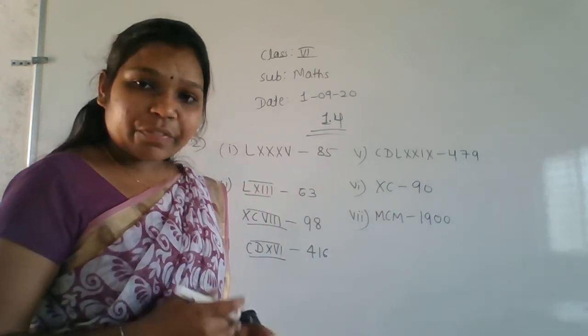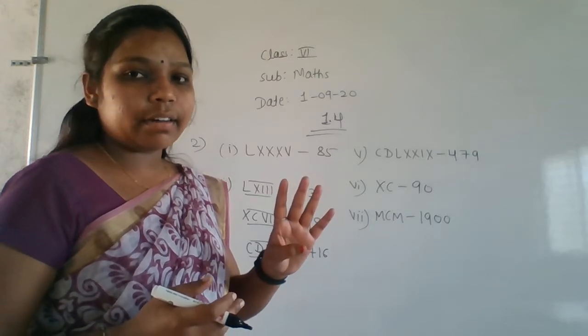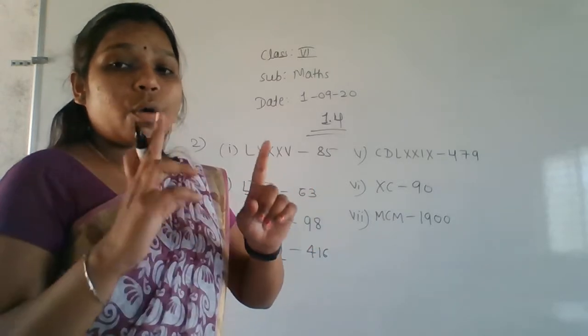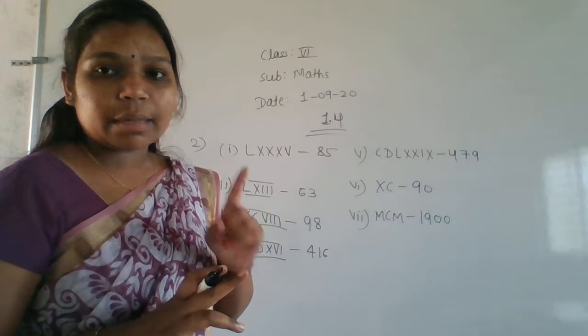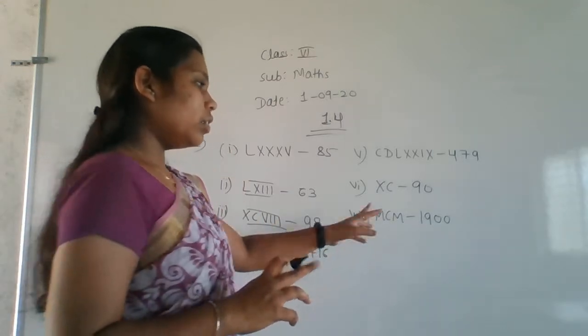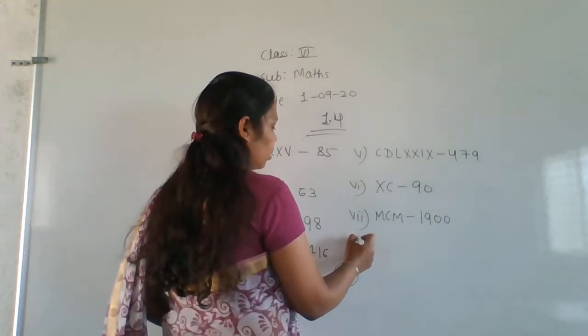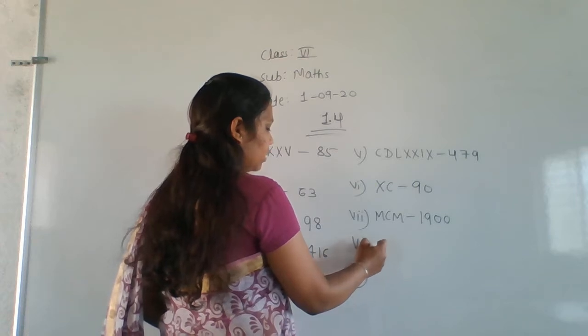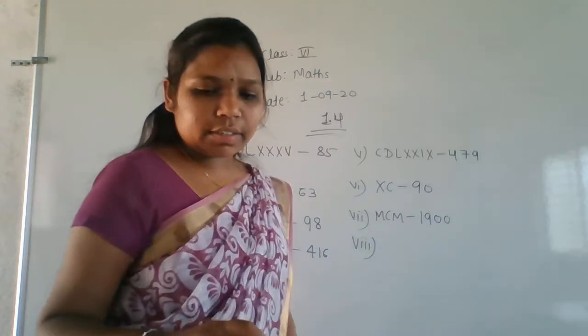If we write a C before the D, then it means 400. So we are subtracting a value of 100, because C is nothing but 100. So here that is 1900.